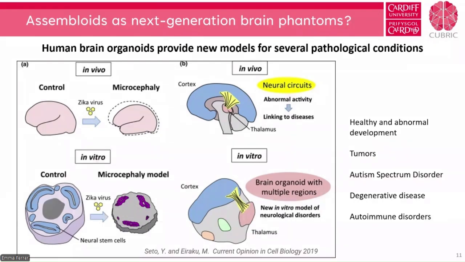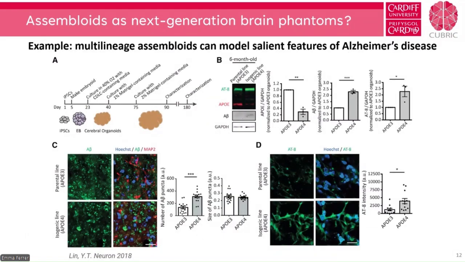There are organoids that can mirror autism spectrum disorders, abnormal and healthy development, and then we have tumors. For tumors, the community splits whatever tumor organoid it is, they call them tumoroids, and it's a separate line of research. I will focus on brain organoids.